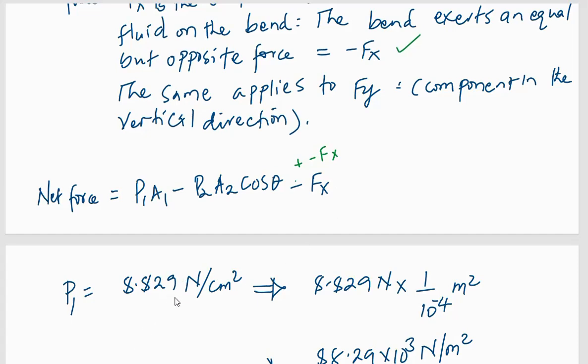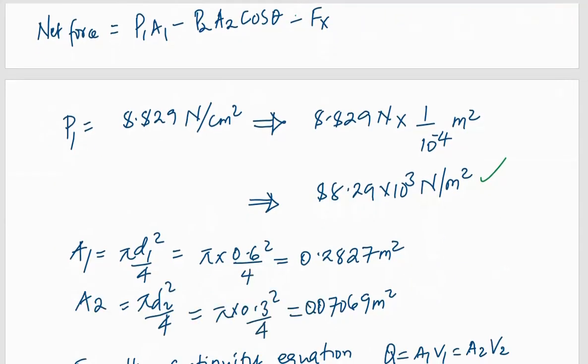So P1 is equal to 8.29 Newton per square centimeter, but we can convert it into standard units of Newton per square meter, because we know that in 1 centimeter we have 10 to the power negative 2 meters. Therefore, if we square, that means 1 square centimeter is equal to 1 times 10 to the power negative 4 square meters.